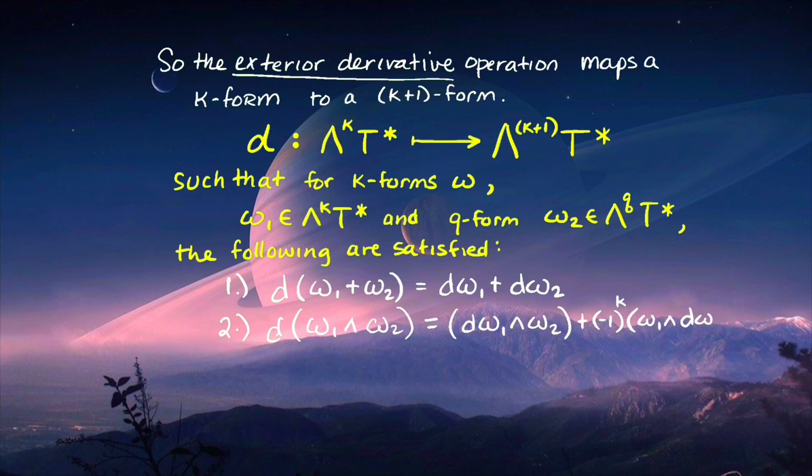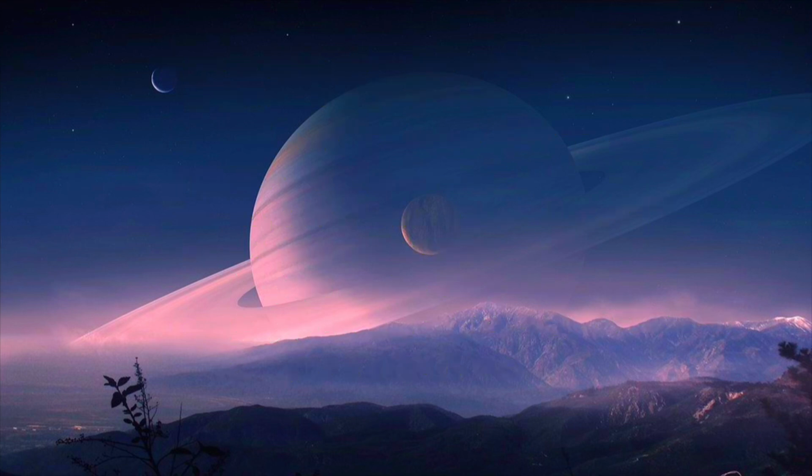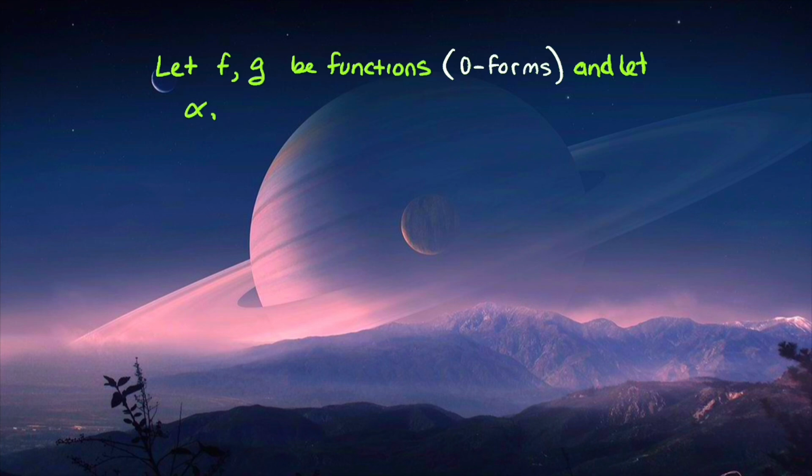So the sum of two k forms, or a k form and a q form, the wedge of a k form and a q form, and that last one, d omega equals 0, becomes an important part of closure for something later we will define as a complex.